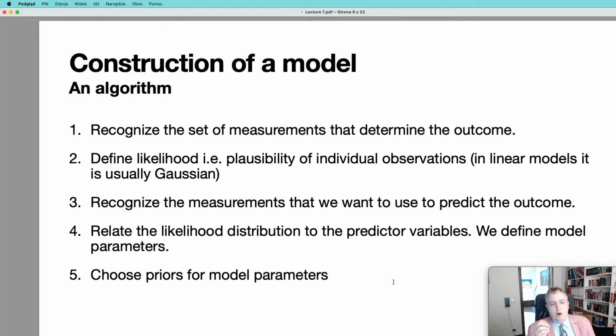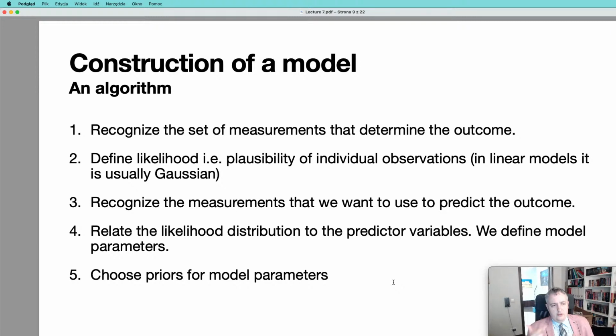Then we want to recognize the measurements that we want to use to predict our outcome. So we need to split our variables into dependent and independent. Then we need to construct our likelihood, our predictive behavior, based on our predictor variables.